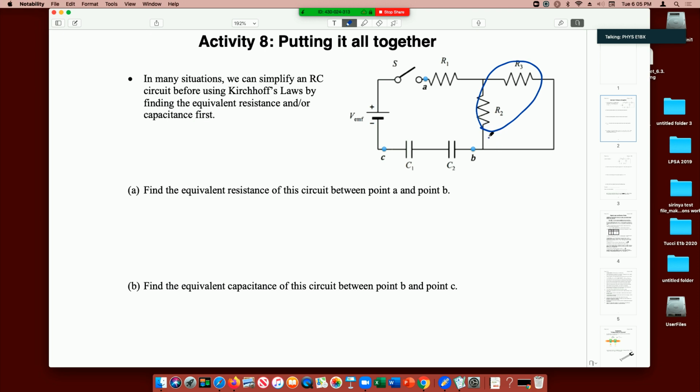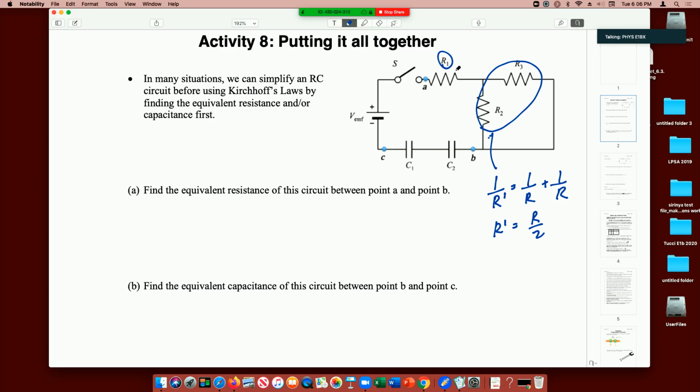So the equivalent resistance R prime is 1 over R prime equals 1 over R plus 1 over R, right? So R prime would be R over 2, and then you'd have an equivalent resistor here, and that would be in series with this one.